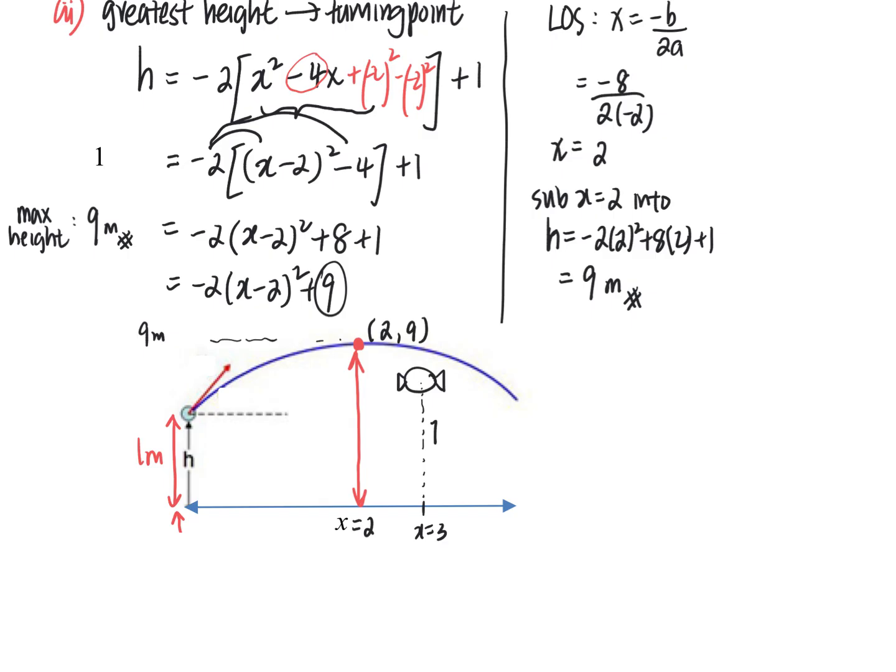They ask you, will my ball hit the toy? So I need to check where my ball will be and whether it will hit the toy or not. So what do you think I should sub in? How can I find the height of the ball at the point? So I go and sub in x equals 3.